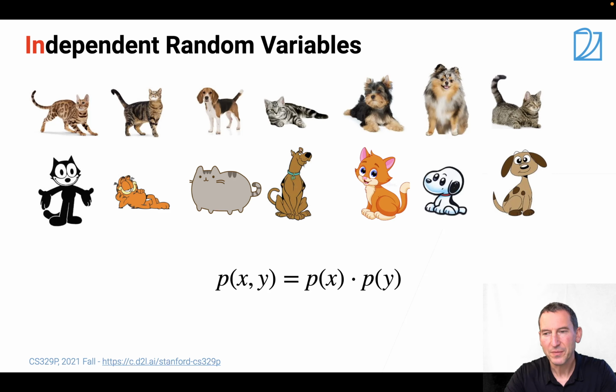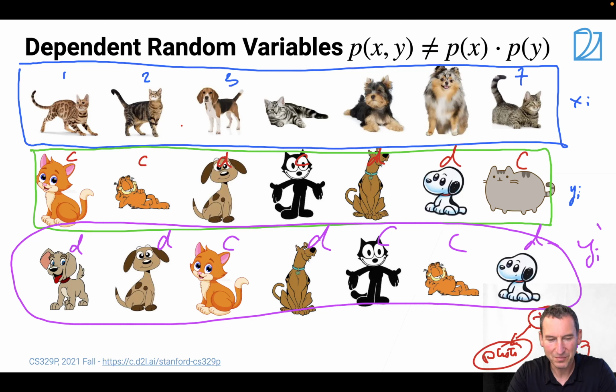Now, I can have a situation where random variables are independent. And by the way, just to drive home the message, it doesn't have to be perfect, right? It's okay if occasionally, rather than a cat, we see a dog, maybe we see a crocodile or whatever. But it can be entirely imperfect.